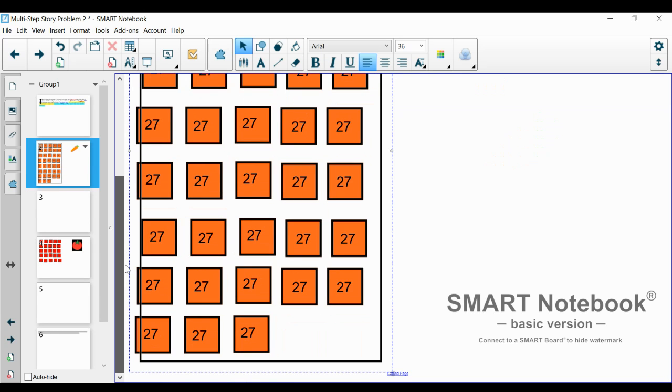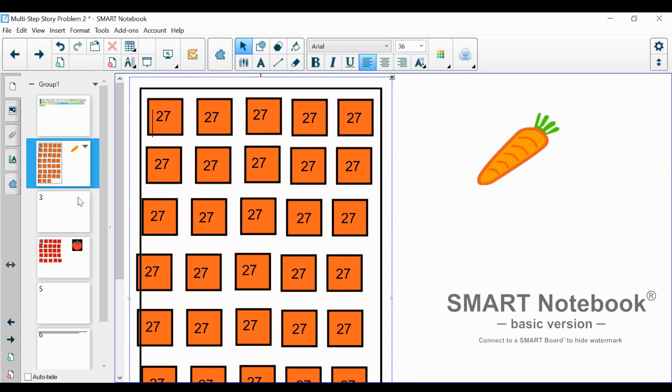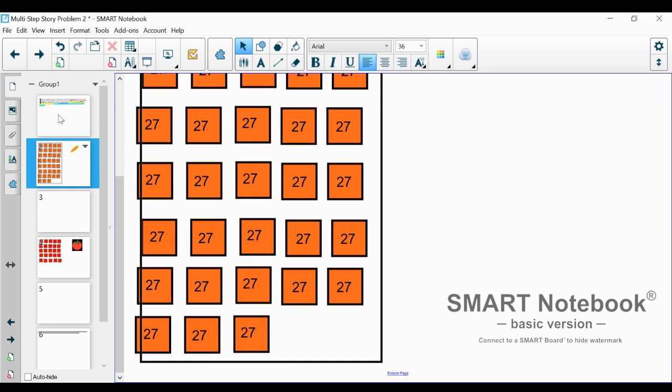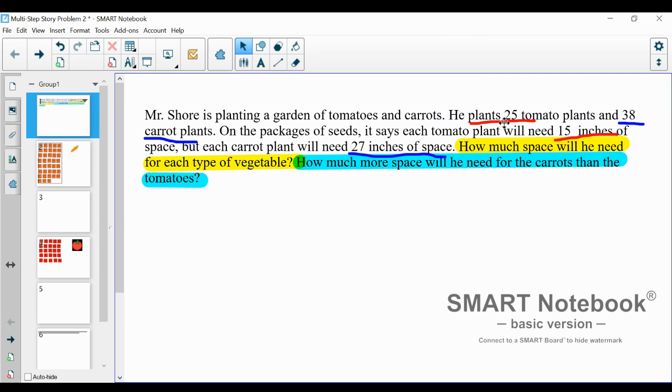How much space is he going to need to plant all those carrots? So we're going to do 27 times 38 because we have 27 inches, 38 times: 27 inches of space, 38 plants.